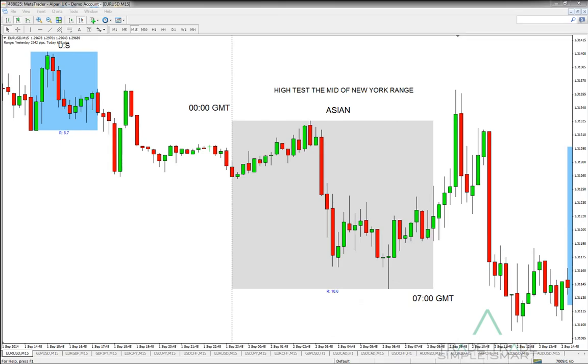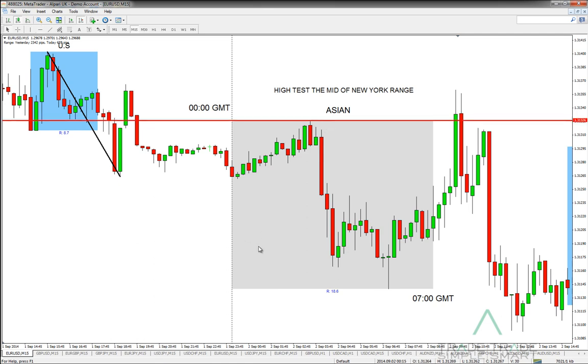It will generally act as a visible support and resistance line. So in this first example, if I mark out the high to low range of the prior day's US session, and we mark out the high of the current day's trading session, we can see that the high has tested the mid of the prior day's US trend.